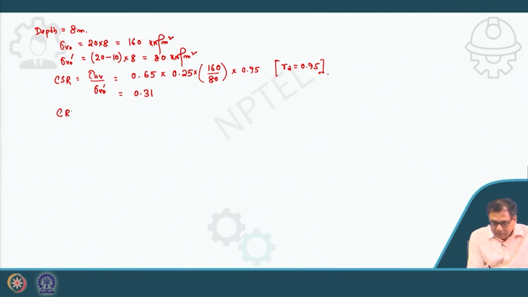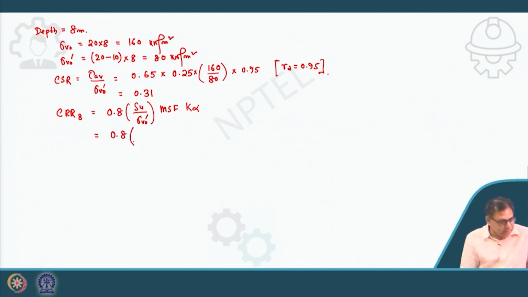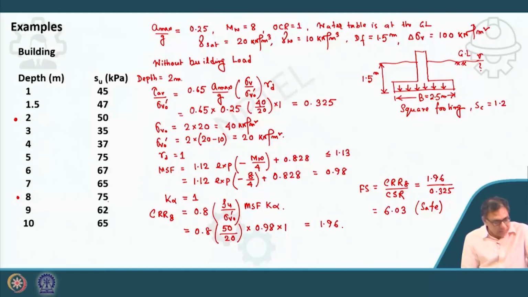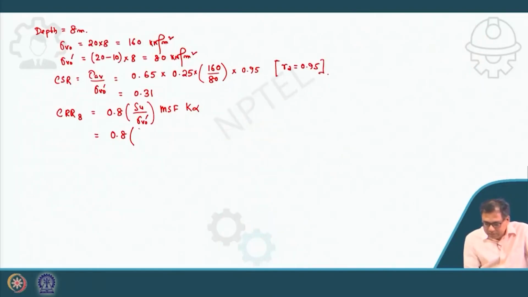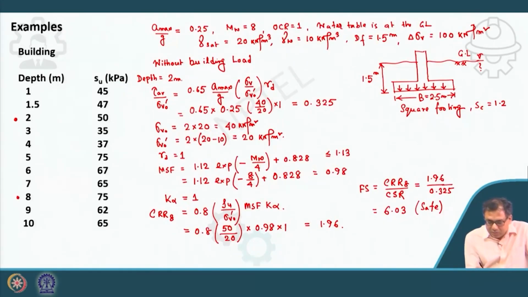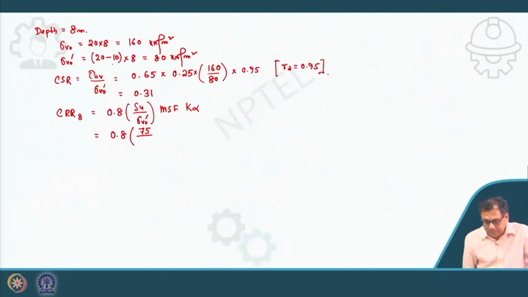Now CRR for 8 will be 0.8 Su by sigma V0 dash, into MSF into K alpha. Again K alpha is equal to 1, and at 8 meter Su is 75. This is Su or Cu, undrained cohesion also.